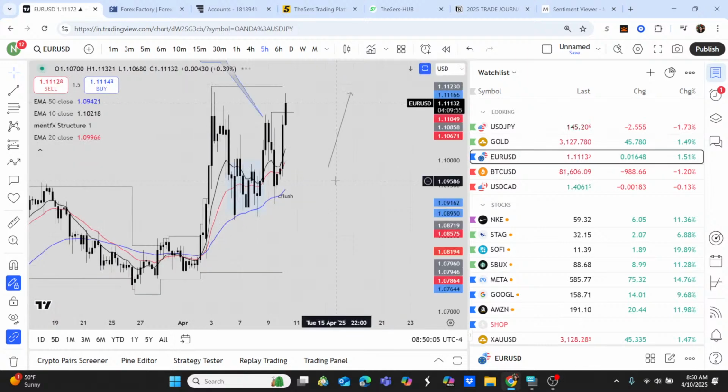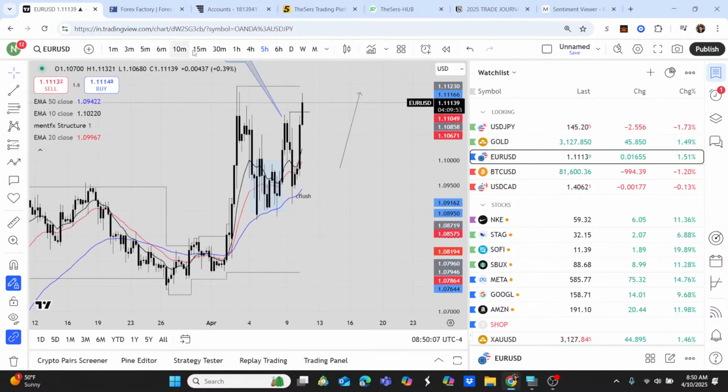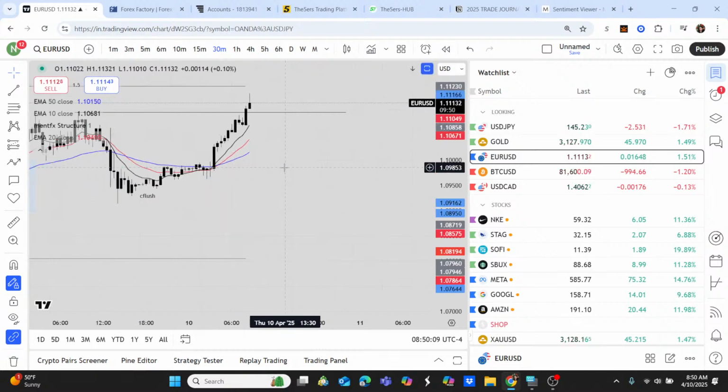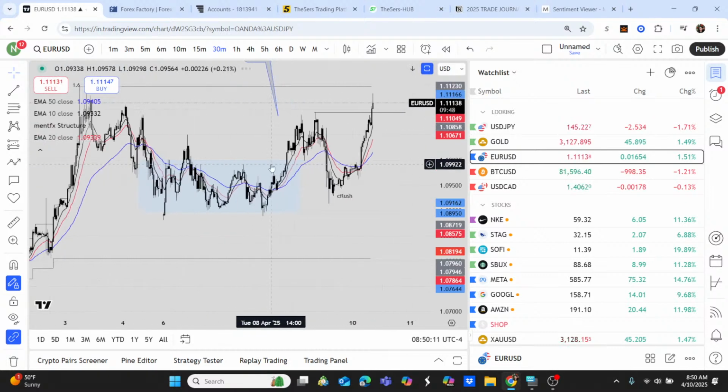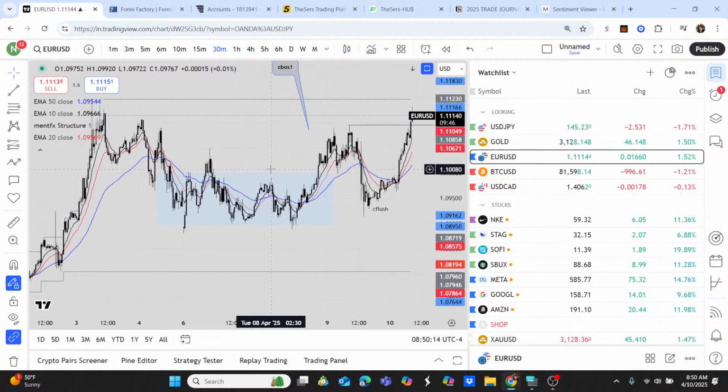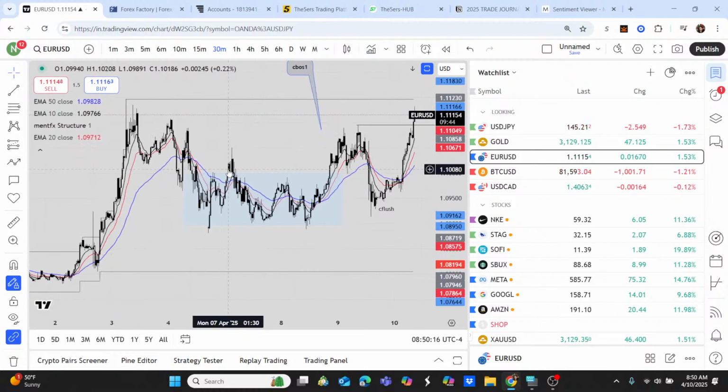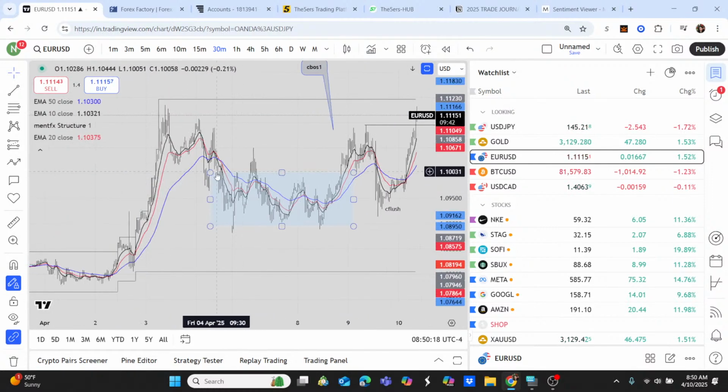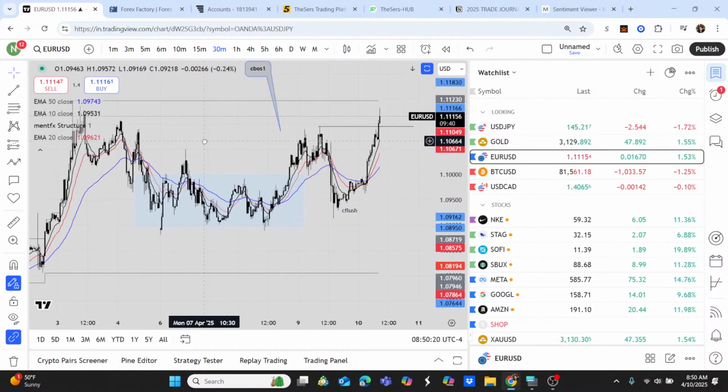So that means it's good to look at our lower time frames to see what is potentially going on here.